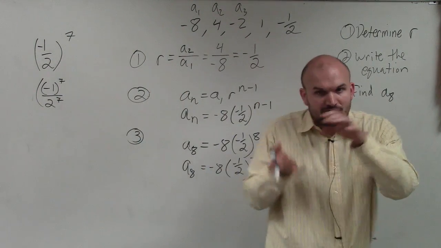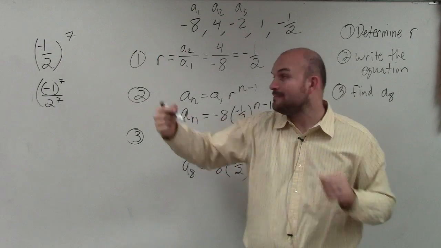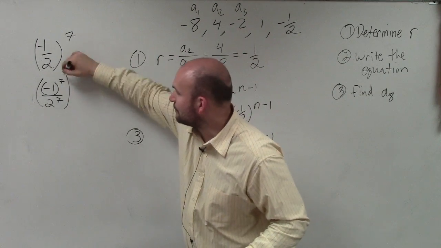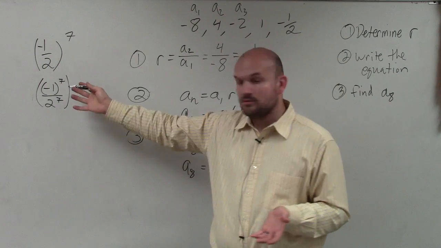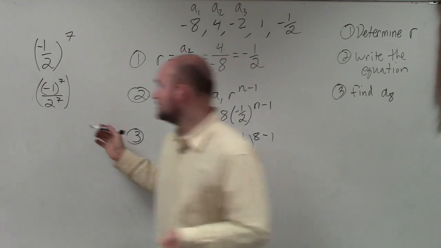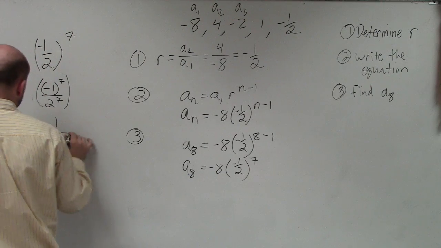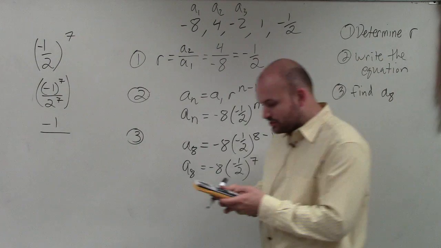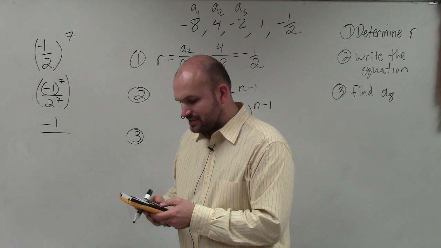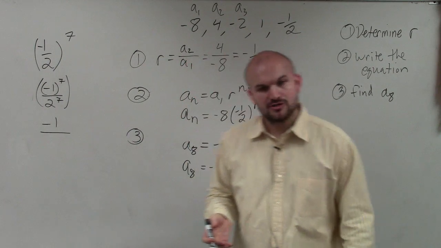So when you have a fraction raised to a power, that means the numerator is raised to the power, as well as the denominator is raised to the power. So -1 to the 7th power is just going to give me -1. And then in my calculator, all I need to do is say, well, what is 2 raised to the 7th power? And that's 128.